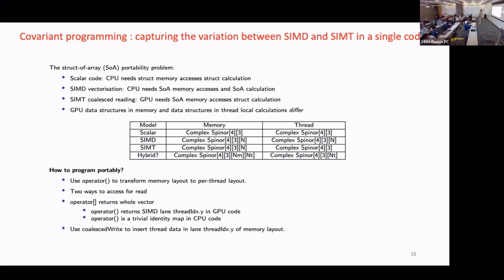Syntactically, I can have all my local variables inside Grid in the key performance kernels transform the types of the variables living on the stack according to the architecture, and that's triggered by using the return type of this operator parentheses. I think it's a relatively elegant way to capture the distinction between SIMD and SIMT, with the result that I can write single kernels, with template parameters or whatever, that run optimally on both GPU and CPU. They just use the return type of this to transform what they're doing accordingly.